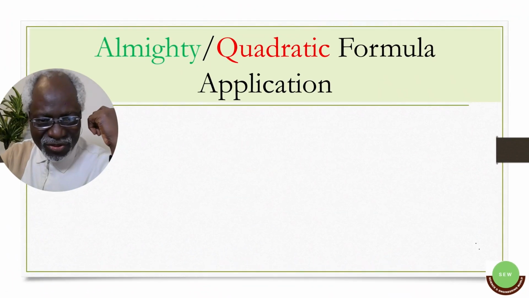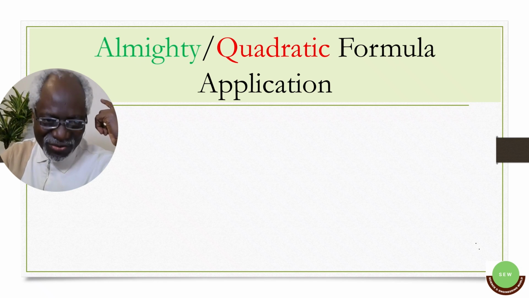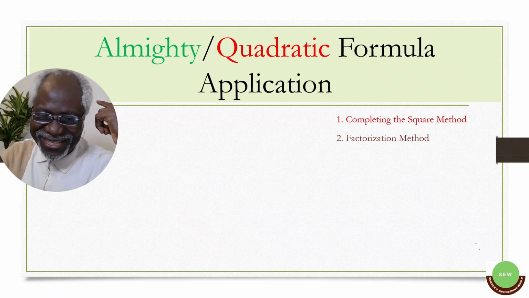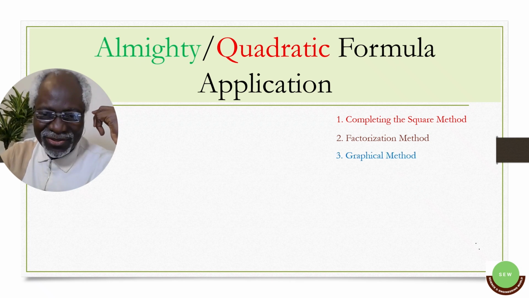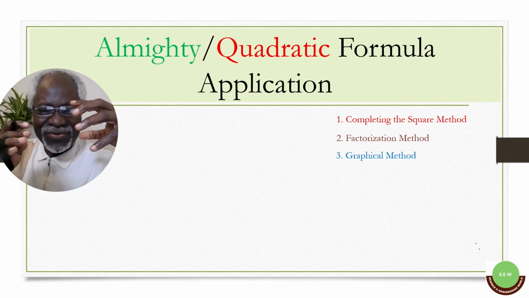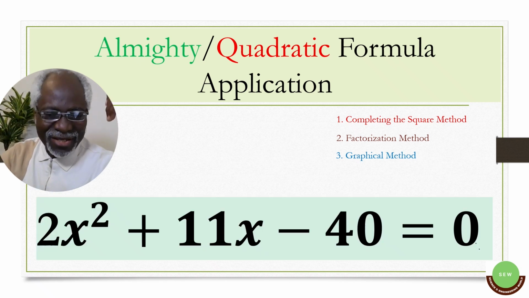We have used three methods: 1. Completing the square method. 2. Factorization method. And 3. Graphical method, on a particular equation, 2x squared plus 11x minus 40 equals 0.